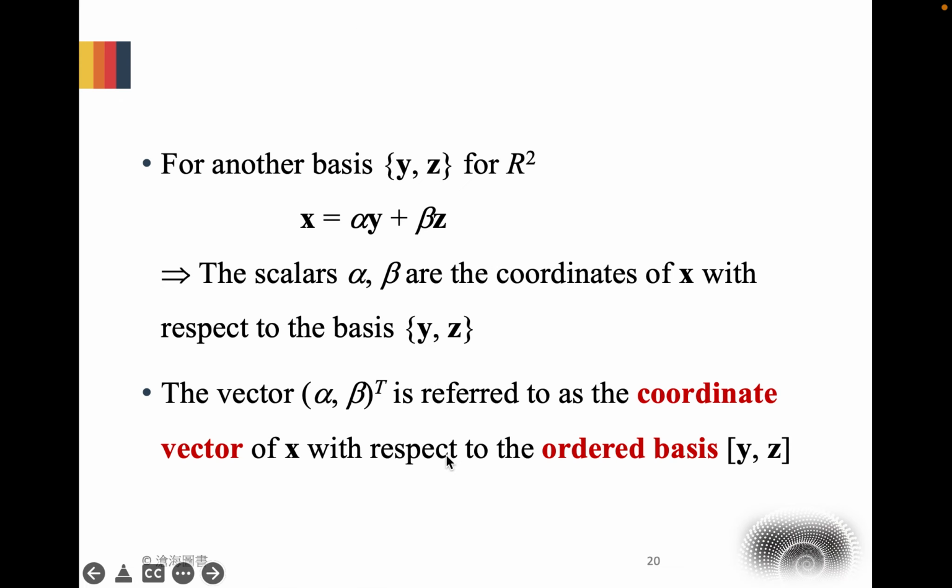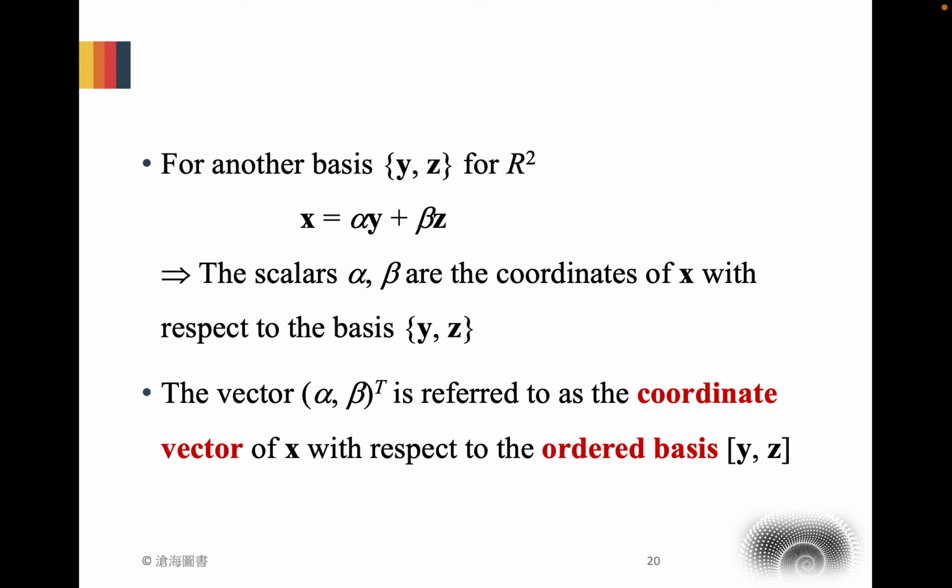And actually, we can represent the same vector x based on another basis, for example y and z, because we can use another set of linearly independent vectors like y and z to span R2, right? So in fact, to construct the vector space R2, we have infinitely many bases.